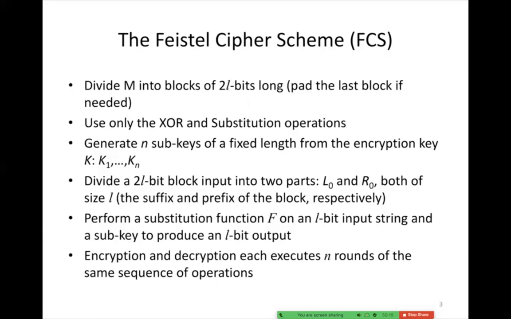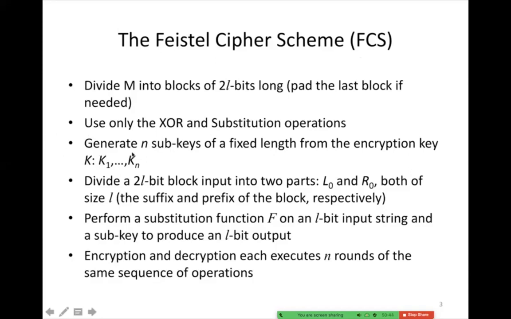Okay, so as we mentioned earlier, using ASCII code, we can use the white space ASCII code for padding. And then we use only the exclusive OR and substitution operations in FCS. Okay, so exclusive OR and substitution.